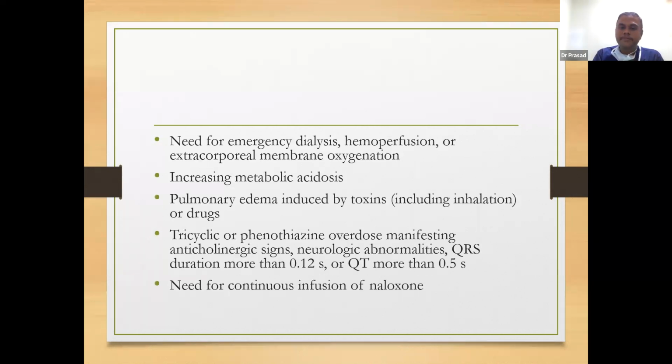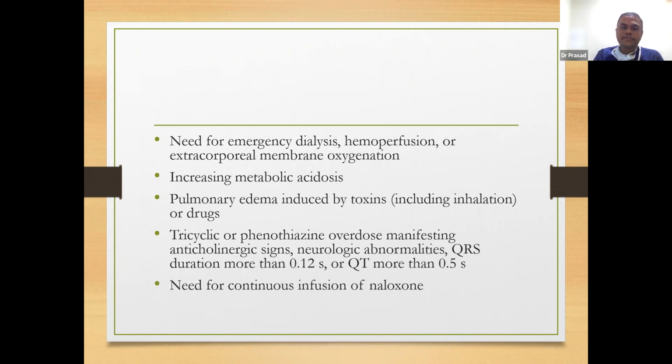And the other prerequisites for ICU admission or close monitoring is someone requiring emergency dialysis for enhanced elimination of the toxin which they have consumed, provided it is dialysable, and hemoperfusion or extracorporeal membrane oxygenation.